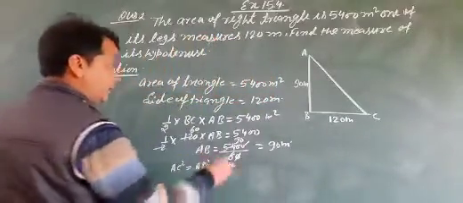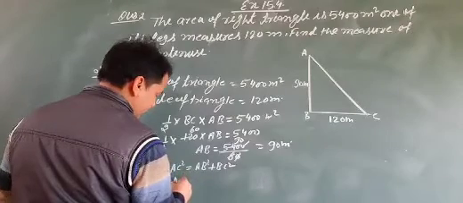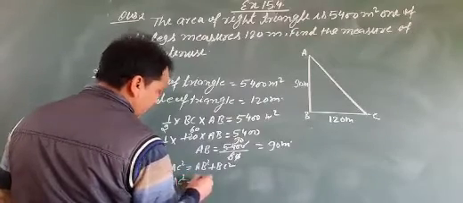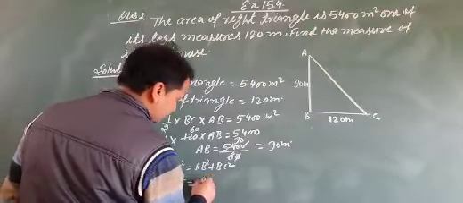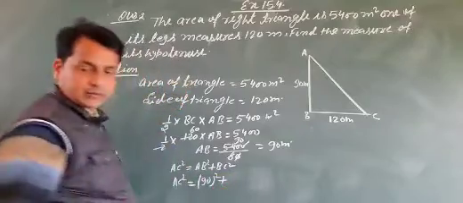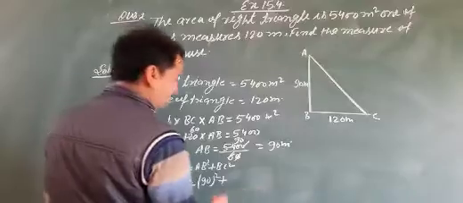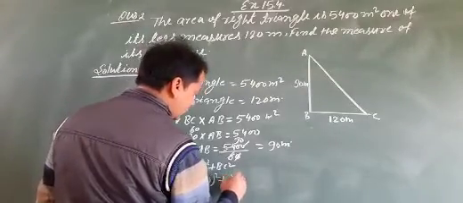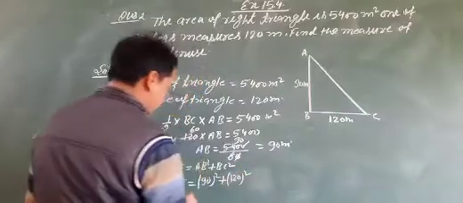Then AC square equals AB is 90 meter, 90 square plus BC is 120 square.